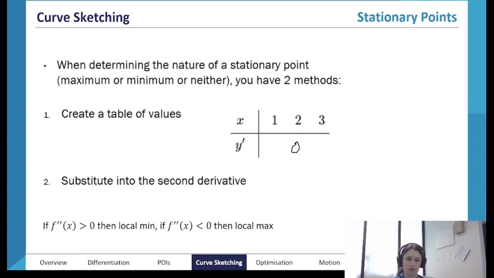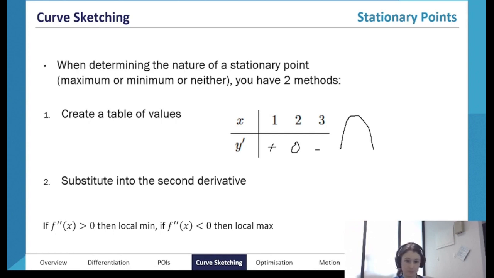In our example, if the first derivative is positive on this side and negative on this side, our curve is increasing, then has our stationary point, and then is decreasing. So our curve has a local maximum point.